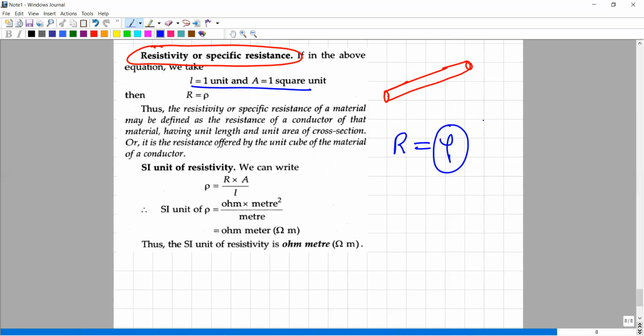This symbol here is called rho, and this is called resistivity. Specific resistance is the same thing as resistivity.